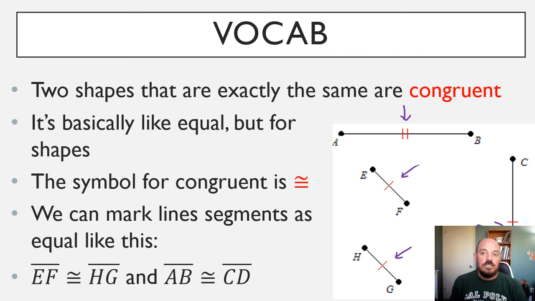But then I also said line segment AB is congruent to line segment CD because they have 2 marks on it. And if there are more congruent shapes, you could use 3 marks and then 4 marks and then 5 marks. Just keep adding little tick marks to show that you have pairs of congruent shapes.